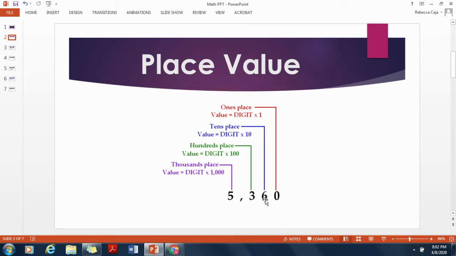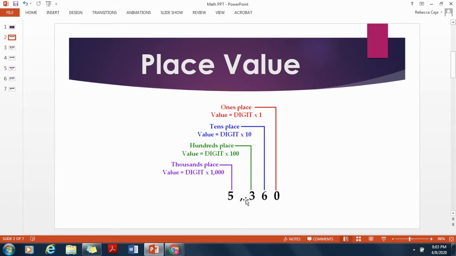But it begins to change when we go to our next column to the left. Our next column to the left is our tens place. And our number here doesn't mean 6 ones, it means 60, 6 tens. Or if there was an 8 there, it would be 8 tens. So it would be the same as counting by tens. So if we have 6, we would be saying 10, 20, 30, 40, 50, 60, correct.